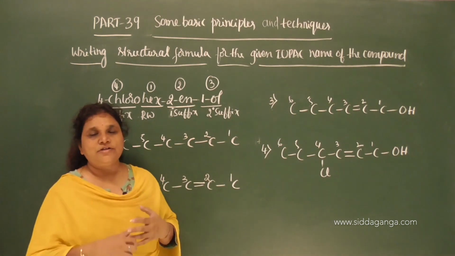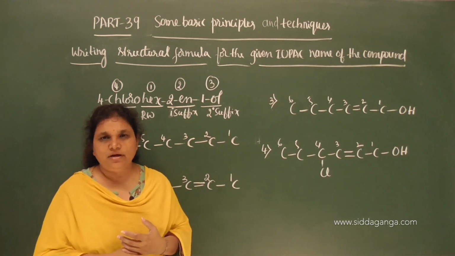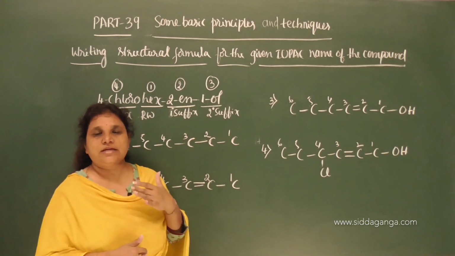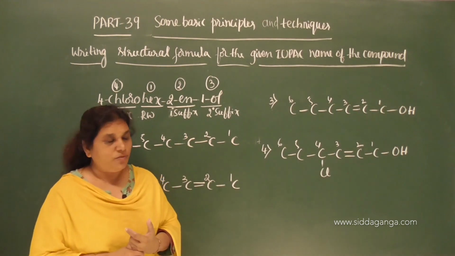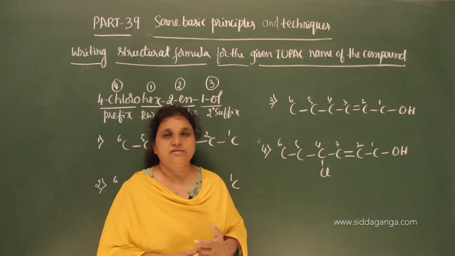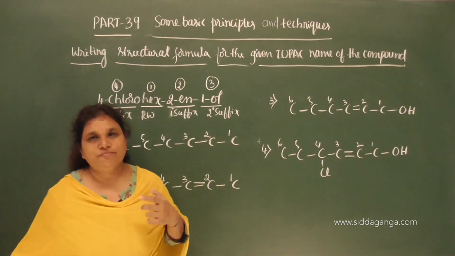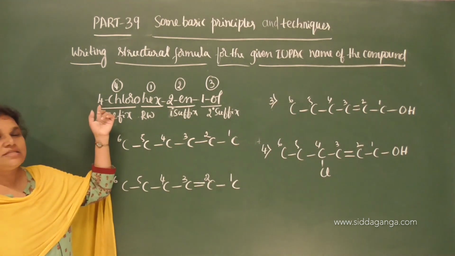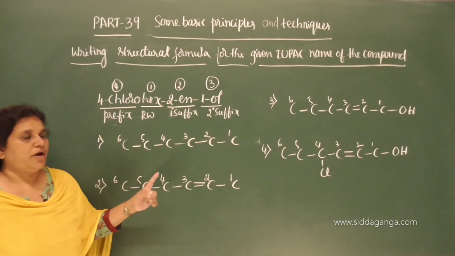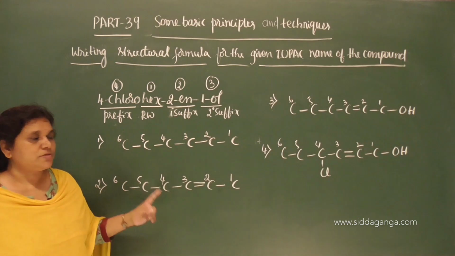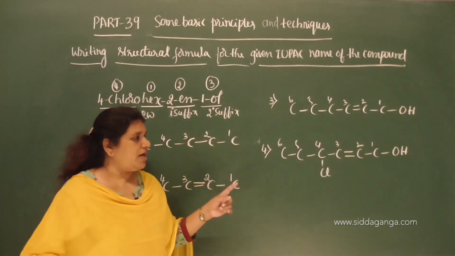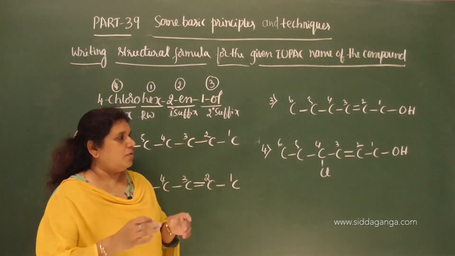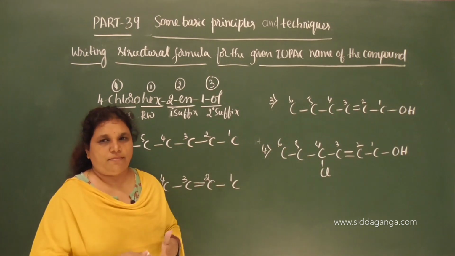If the functional groups containing carbon, then we need to convert the same carbon as a functional group. And the fourth step is on the basis of prefix, we need to identify the substituent, and on the basis of its locant, we need to identify the position of the substituent group, and we have to place that substituent group on the particular carbon.